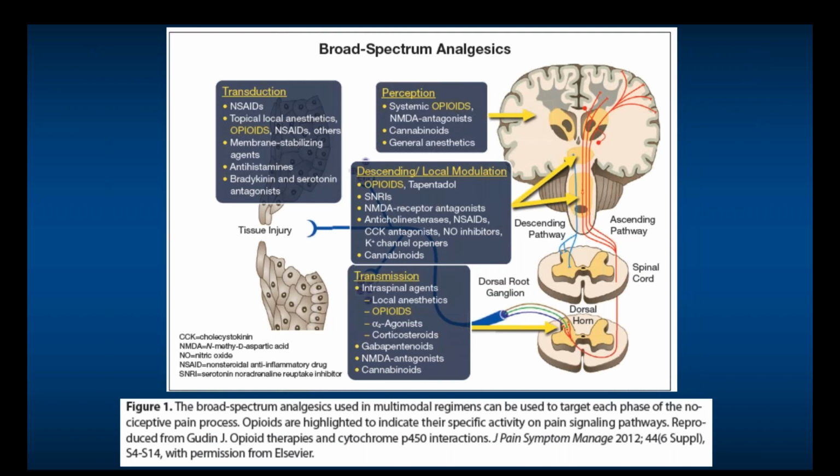It's been widely used in Europe. It was first mentioned and the concept identified by Kehlet, a researcher in Europe. And we've always been doing multimodal analgesia, but we've recently been paying attention to calling it multimodal analgesia and to being more strategic.